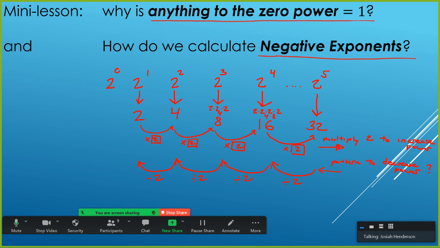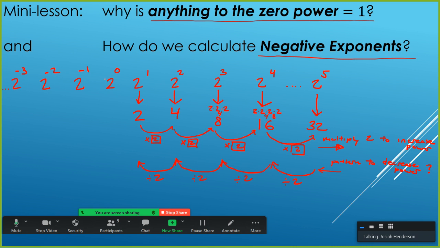So the next whole number exponent would be 2 to the 0. And while we're at it, let's put some negatives in there. After 0 would come 2 to the negative 1, 2 to the negative 2, and 2 to the negative 3. And I'm going to stop it there because it could go on forever. Next would be 2 to the negative 4.